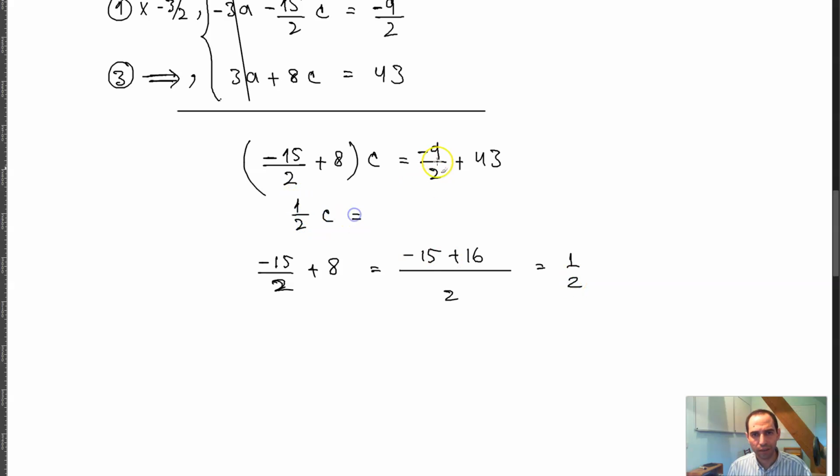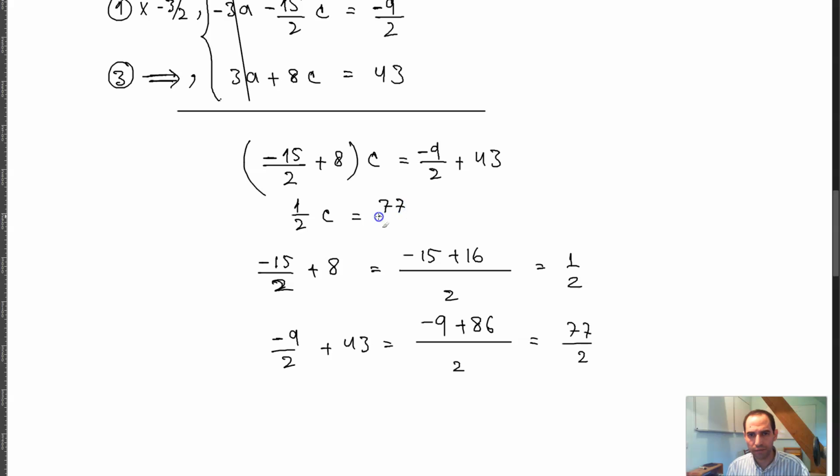So 1 half c is equal to negative 9 halves plus 43, which is negative 9 plus 86 over 2, which is 77 halves.